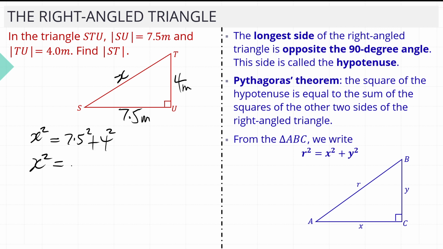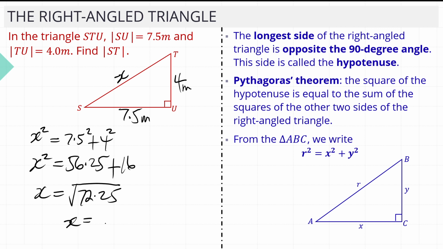Now 7.5 squared gives us 56.25. 4 squared gives us 16. Next, we take square root of both sides. The value of s is 8.5 meters. This is the length ST.